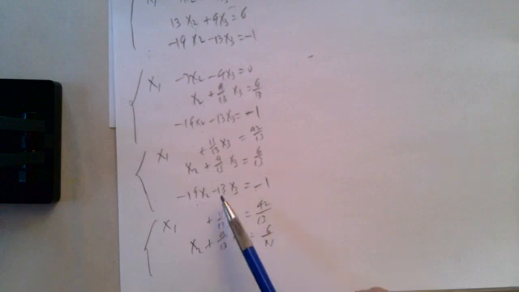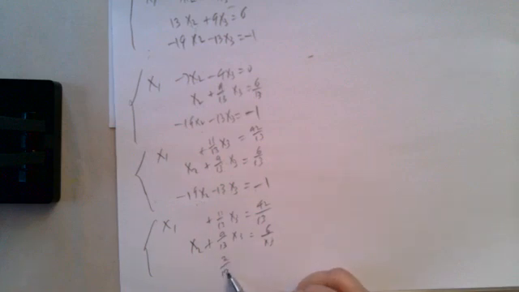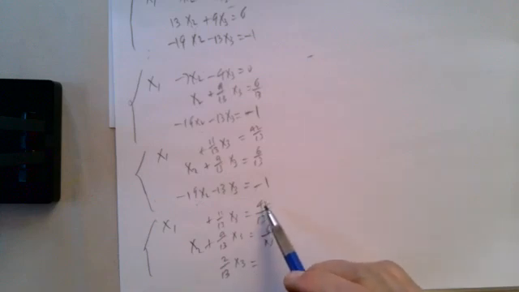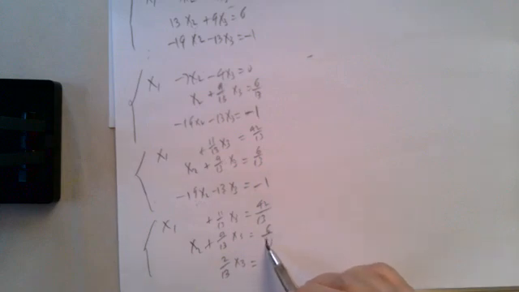And if I do that correctly, I believe that I will get 2 over 13 x3 equals, multiply this by 19 and add 6 over 13. And if the arithmetic that I've done is correct, I get 101 over 13.